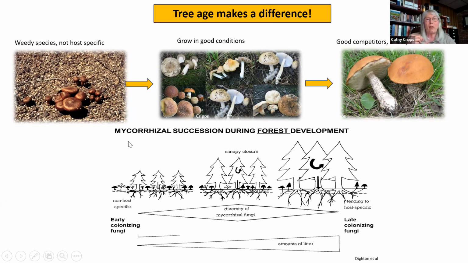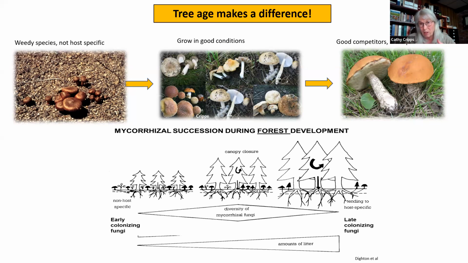Early colonizers. But as the forest develops, aspen leaves fall, they decompose, you get more organic matter, shade, that holds the moisture, good conditions develop. And so a diversity of mycorrhizal fungi can come in, brought in by spores, brought in by animals, which I'll talk about later. And then here's an important point. All of these fungi below ground with their mycelium, they're not holding hands with the mycelium.